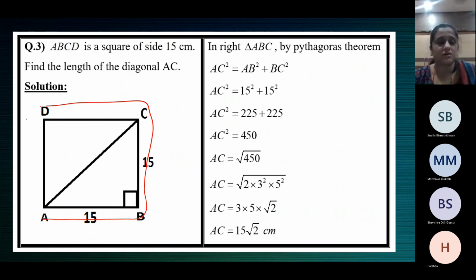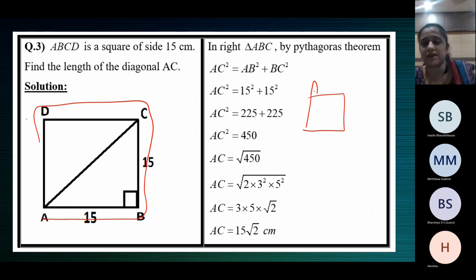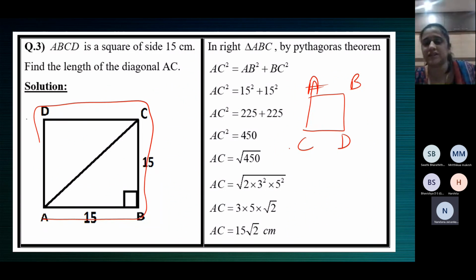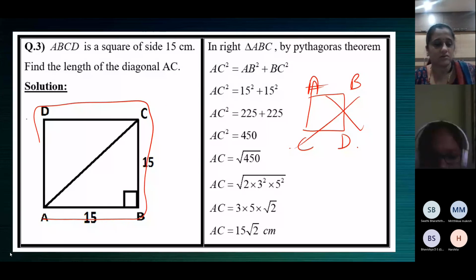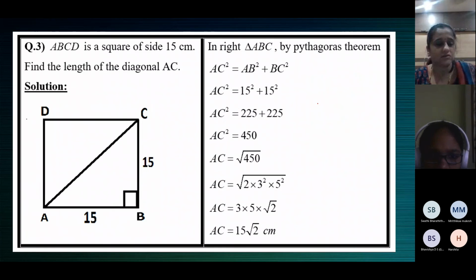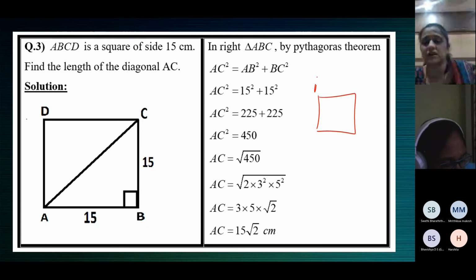When you mark ABCD, you cannot mark A, B and C like this, children. This is wrong. Or you cannot mark A here, B here, C here, D here, like this.